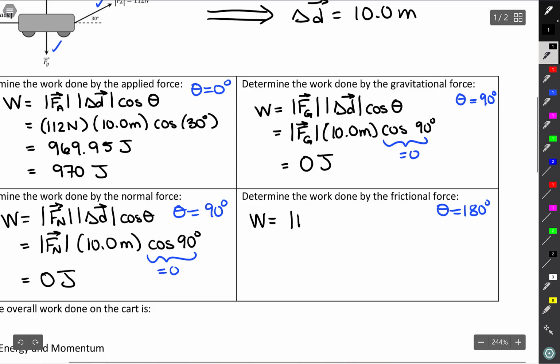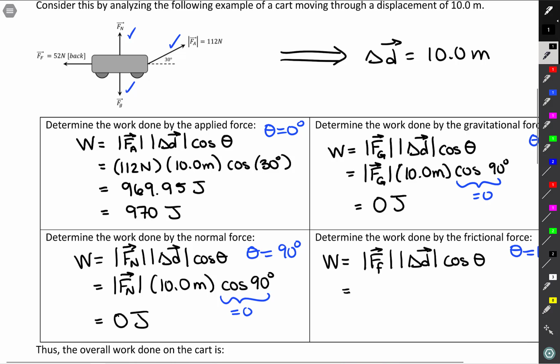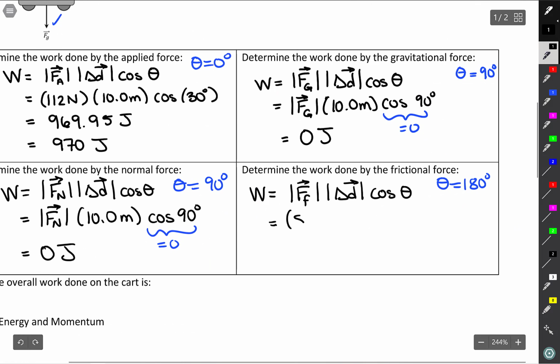Work is equal to the magnitude of the frictional force multiplied by the displacement multiplied by the angle between their tails. So the frictional force we were told in the question was 52 newtons. Displacement, 10 meters. The cosine of 180 degrees.